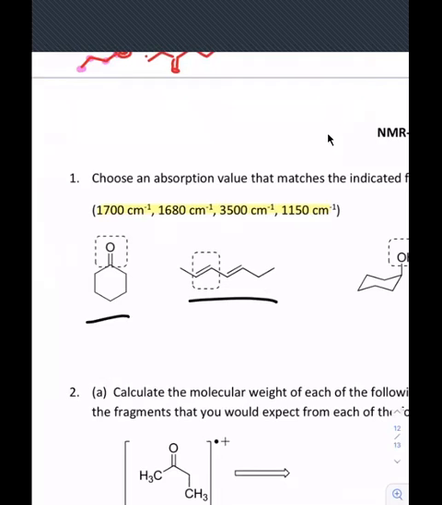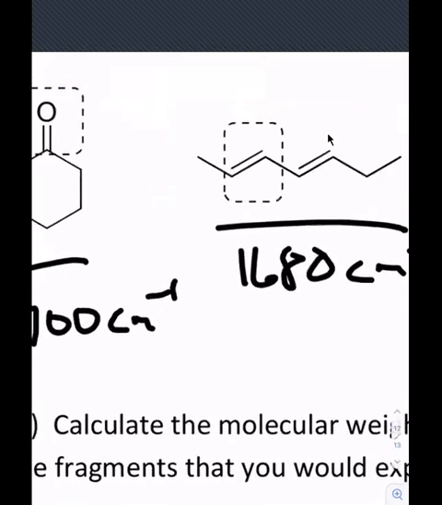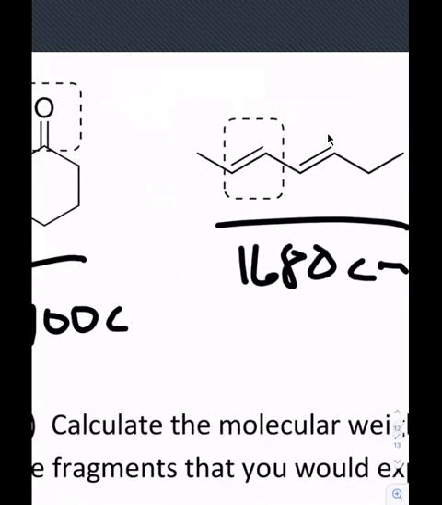The alkene would be right of the carbonyl, right? So the alkene will give that 1680. And for this one, we'll give it 1700. Because remember, we just said that the carbonyl takes a little bit more energy to get that to stretch than it does for the alkene.